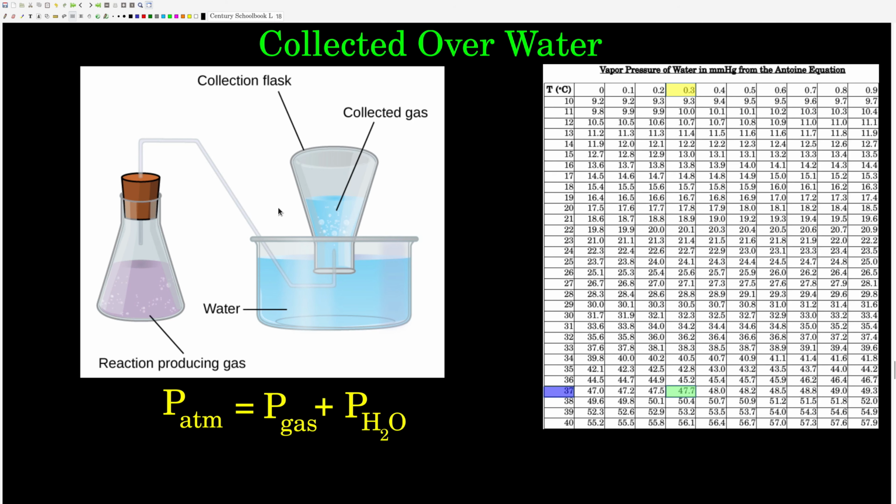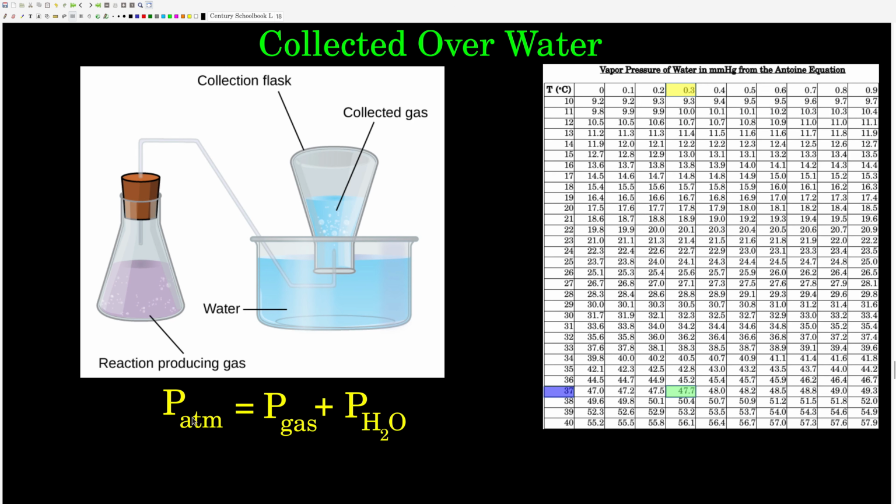But the thing is, it was collected over water, which means that some of these water molecules vaporize and go up into the gas phase. So what we have up here inside this collection flask is a mixture of gases: the gas that was produced by the chemical reaction plus water vapor. So first of all, if you ever come across a problem, which you will, where it says collected over water, that means this is the scenario we're talking about.